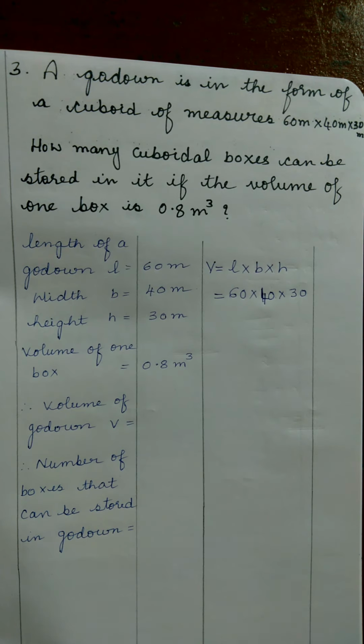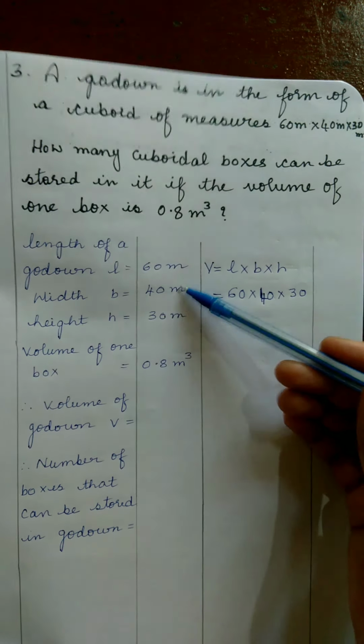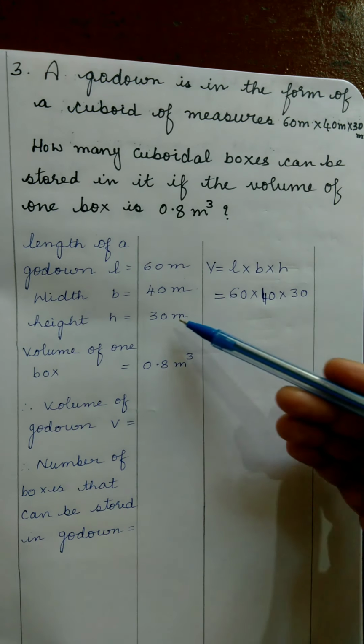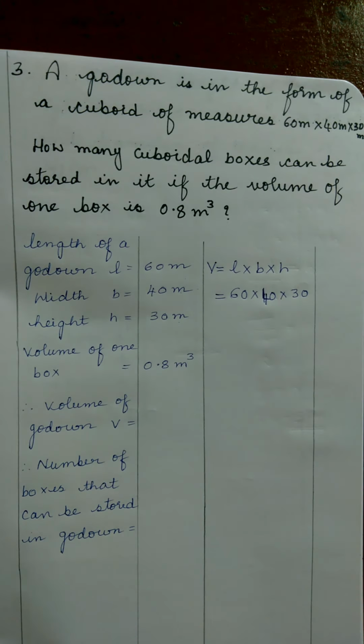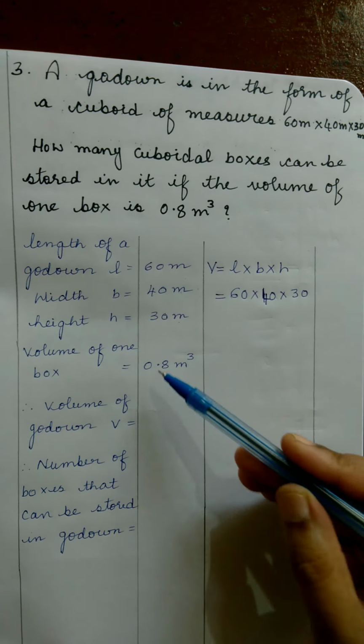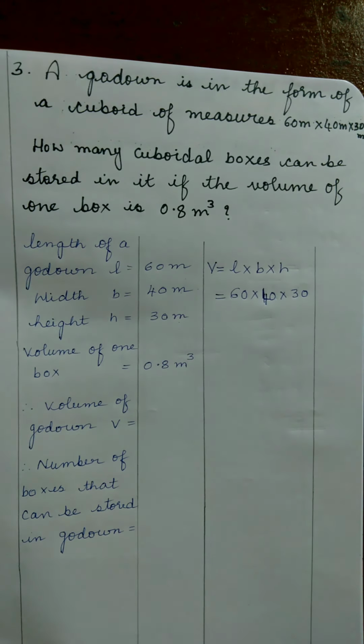So, in the problem, the length of the godown is given, that is equal to 60 meter. Breadth or width of the godown is equal to 40 meter. Then height equal to 30 meter. Volume of one box is equal to 0.8 meter cube.